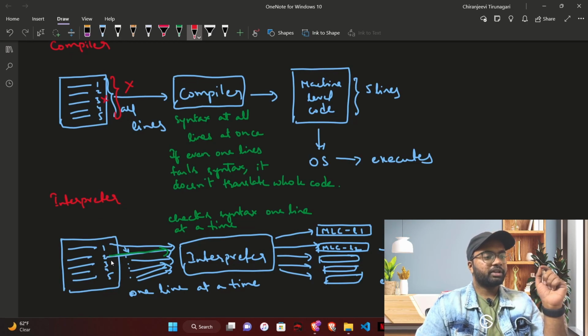But in the case of the interpreter, if there is a problem at the third line, the first line passes and converts and gets executed, and the second line also passes and gets executed. But the lines from the third line onward won't be translated into machine level code and are not executed. So this is the basic difference between compiler and interpreter.